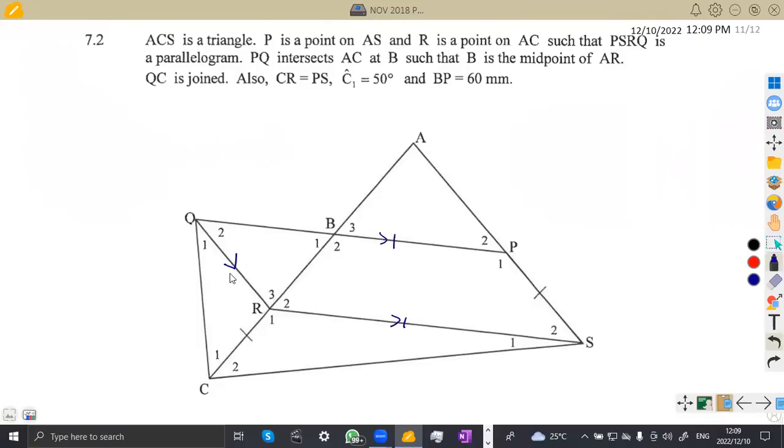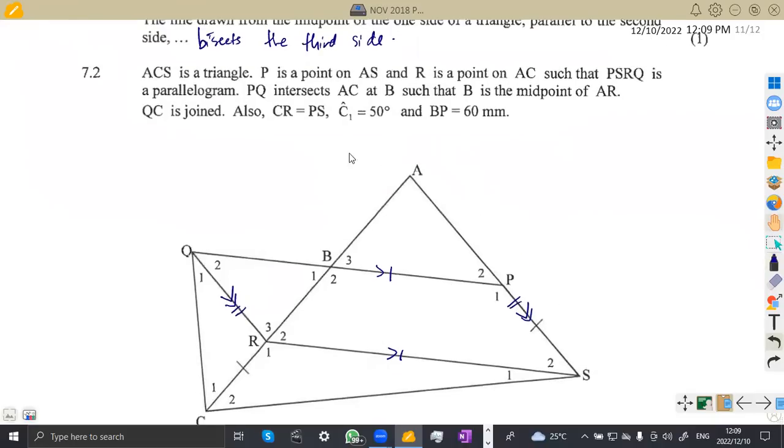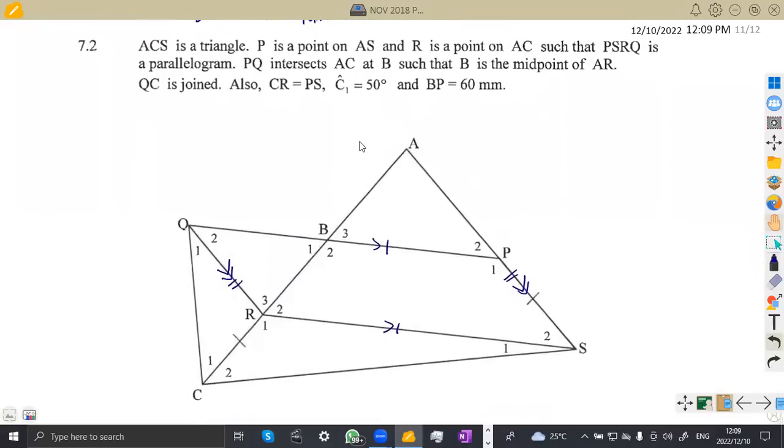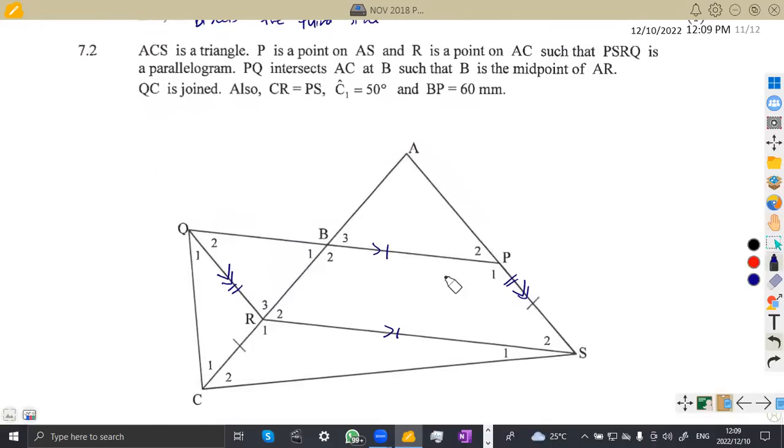So also these two sides will be parallel and equal. And we are given that PQ intersects AC at B, so that B is the midpoint of AR. So here, B is the midpoint of AR, from A to R.